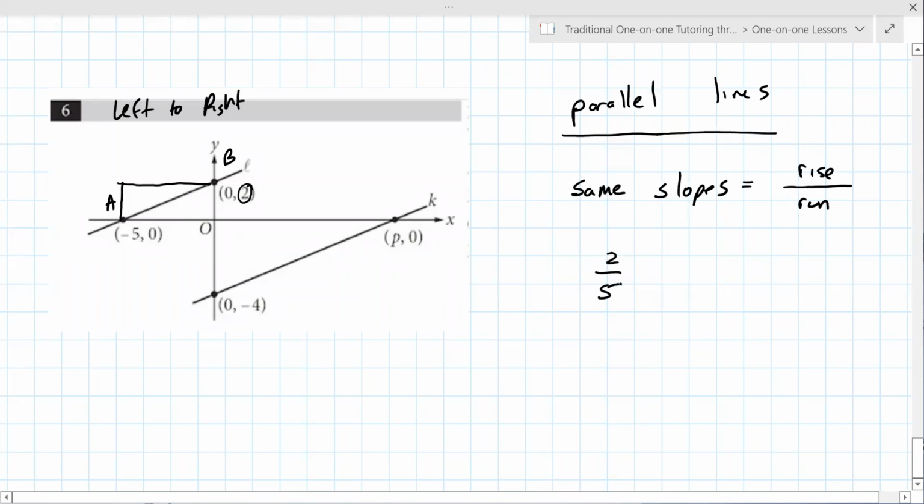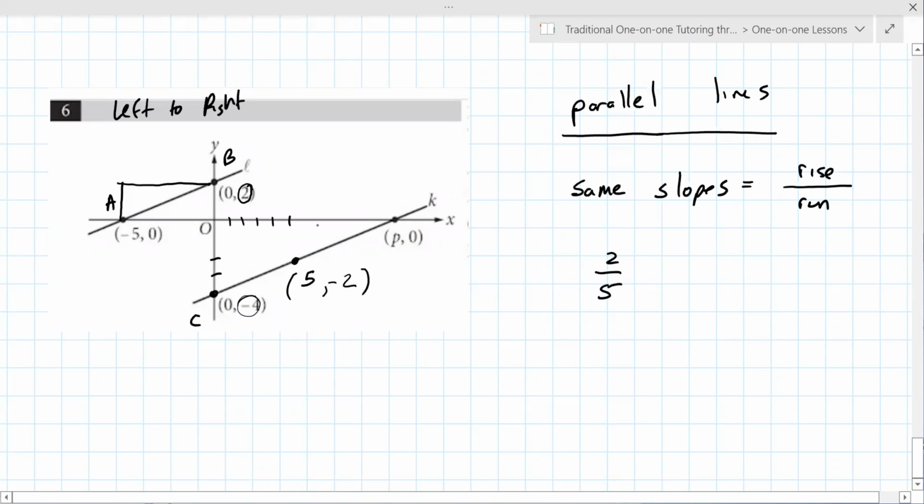Now, if lines L and K are parallel, then they have the same slope, which means from this point down here, I'll call it C, we should be able to go up 2 and right 5. If we go up 2, the Y value changes to -2, and the X value is now 5.